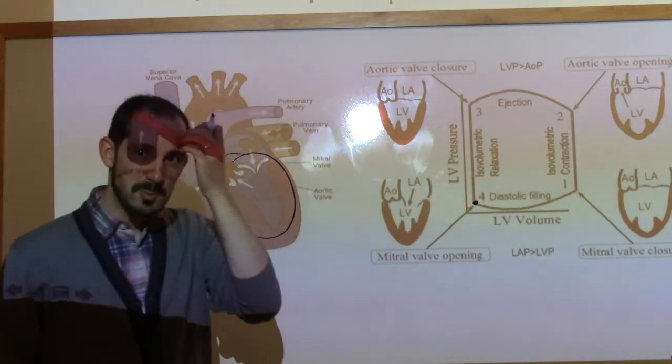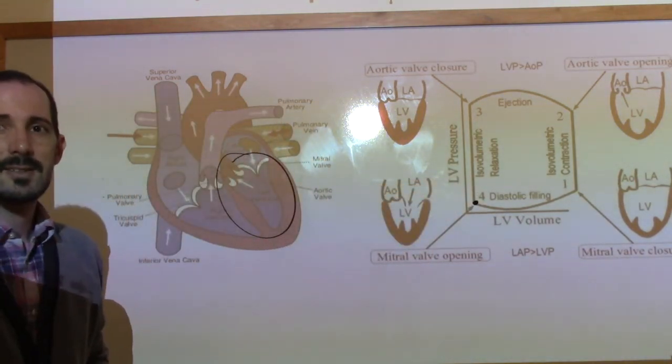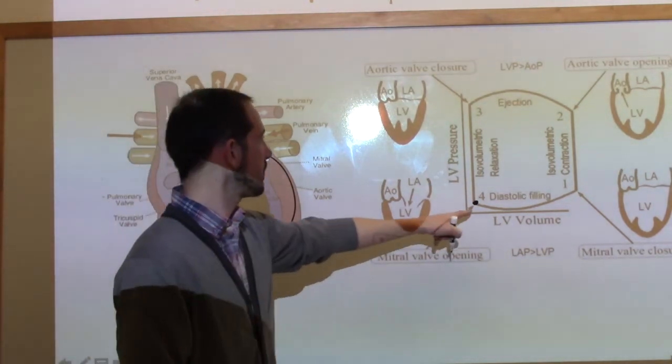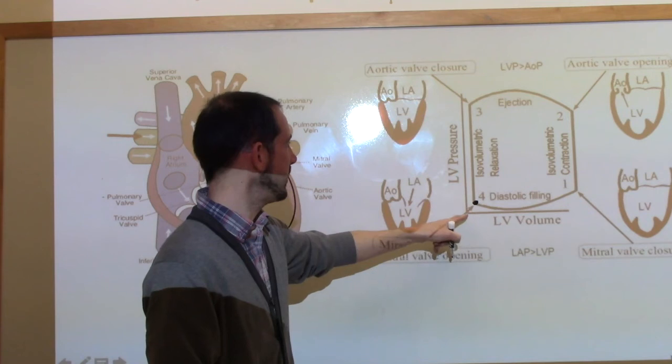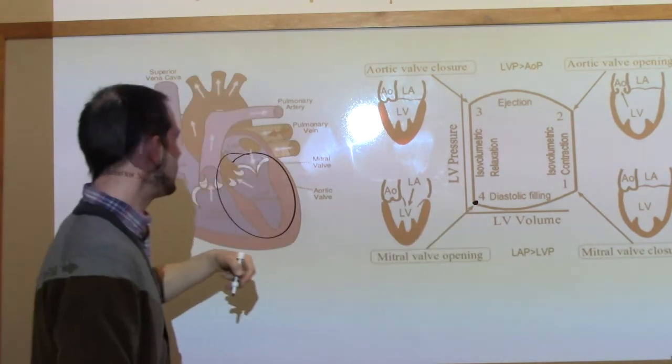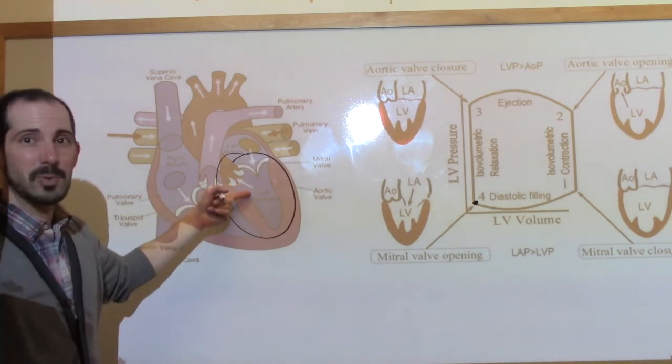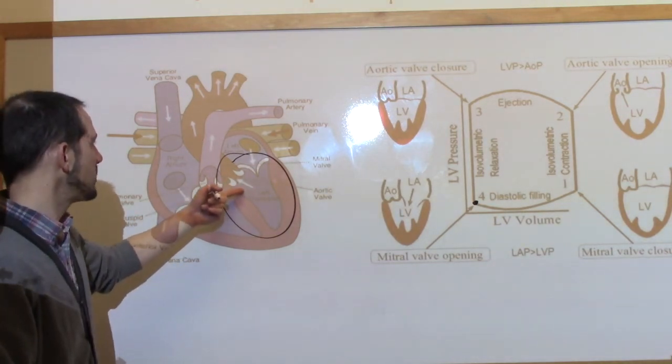So this is the perspective that I was taking in the previous picture we were looking at. Right before diastolic filling, we're at both a low volume and a low pressure. Low volume because it's not filled with blood yet, and also low pressure for that reason.